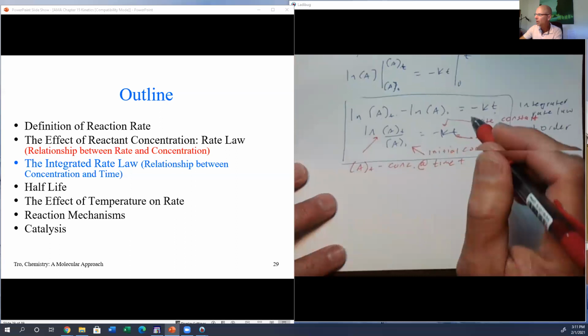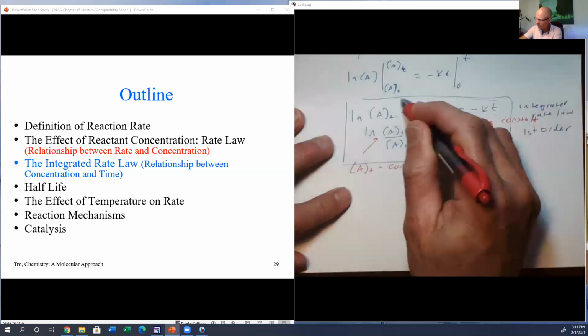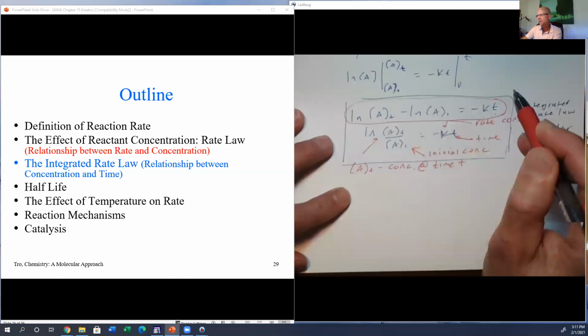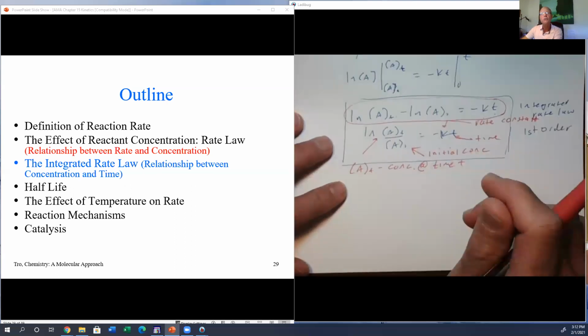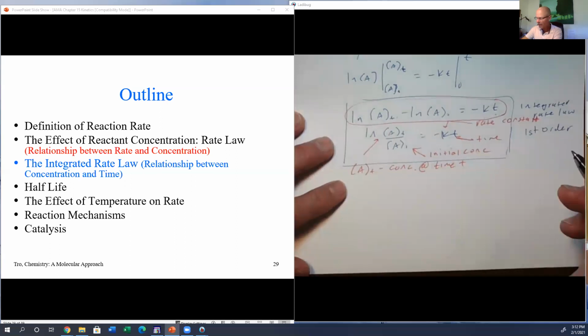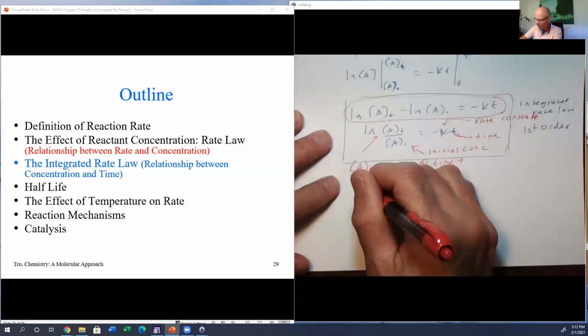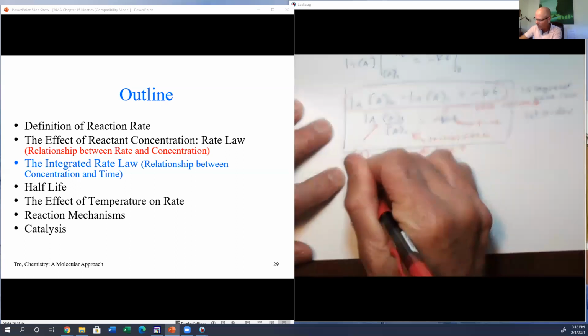The other thing I want you to notice about this is that this also gives us another way to determine the order of a reaction, right? I just showed you a minute ago how to determine the order of a reaction by the method of initial rates, right? But here's another way I can do it. I can just measure A at different times.